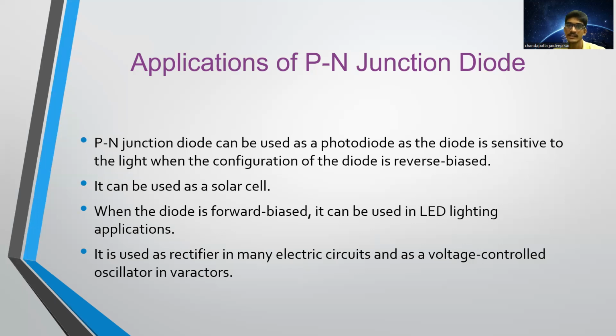These LEDs work on the principle of the PN junction diode in the forward biasing condition. In this forward biasing, we are connecting the P-type of the PN junction to the positive terminal and the N-type of the PN junction to the negative terminal of the voltage supply. So in this application, the forward biased junction can be used as an LED.